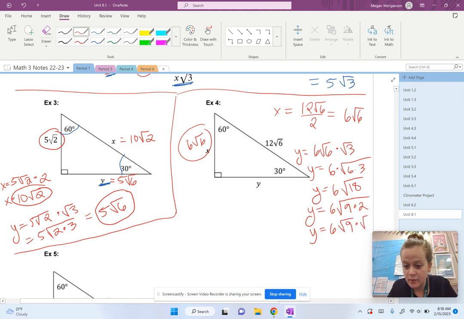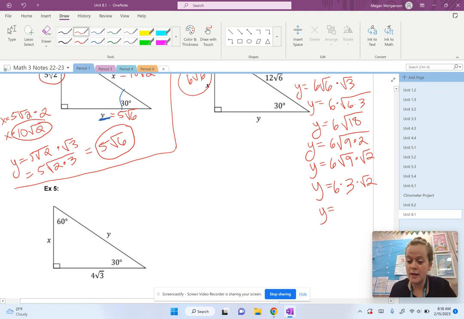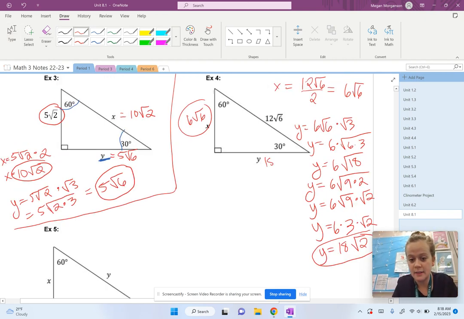I'm going to separate these out into their own radicals. Square root of 9 is 3. So we've got 6 times 3 times root 2. So we've now changed root 9 into 3. Now we can do 6 times 3 is 18 times the square root of 2. So your long leg over here is 18 times root 2.